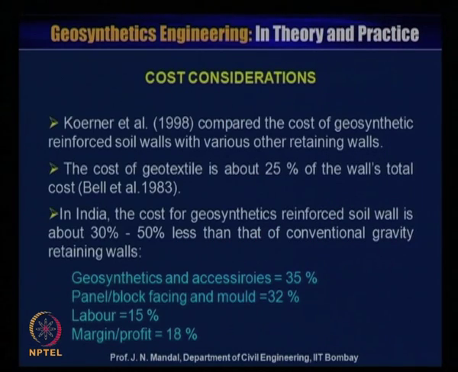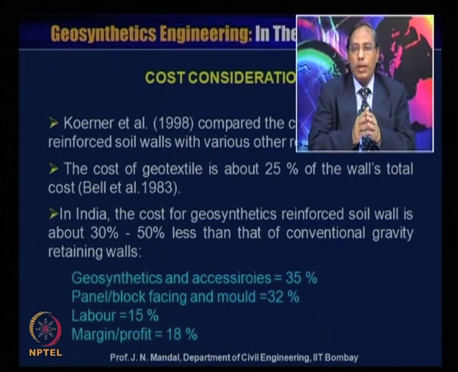Now, for any project you have to look at the cost benefit analysis. So, you have to consider the cost analysis. Here Koerner et al. 1998 compared the cost of geosynthetic reinforced soil wall with various other retaining walls. The cost of geotextile is about 25% of the wall total cost as per Bell et al. 1983.